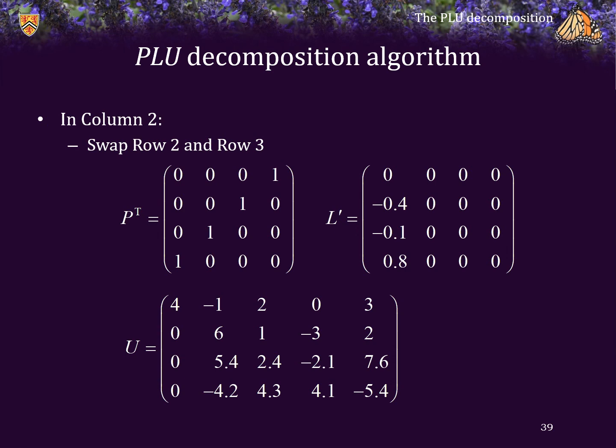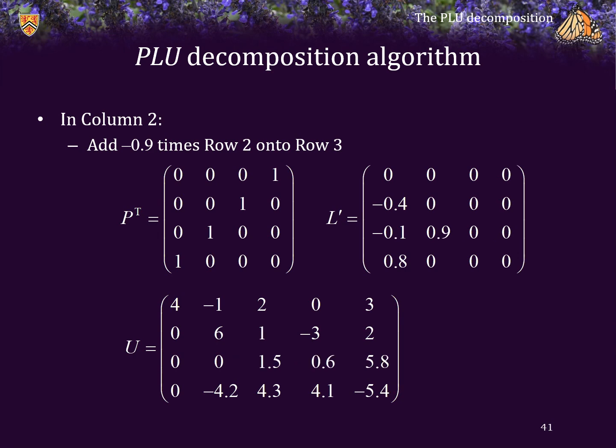Now we proceed to add appropriate multiples of row 2 onto rows 3 and 4. So first we add negative 0.9 times row 2 onto row 3, and we store 0.9 in the matrix L prime. Next, we add 0.7 times row 2 onto row 4, and again we store negative 0.7 in the matrix L prime.